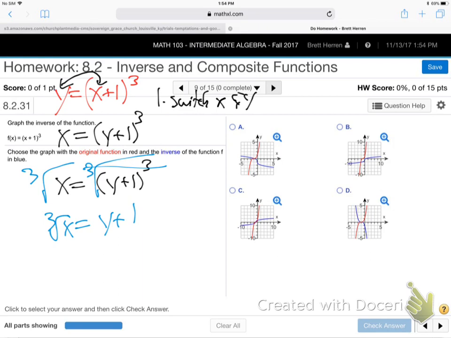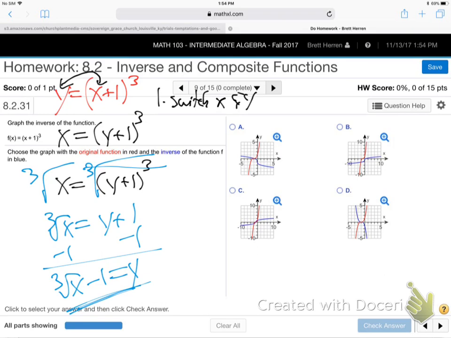Powers and roots are always opposites of each other. So it cancels out. Last step to get y alone, subtract 1. Third root of x minus 1. There it is. We got the inverse function.